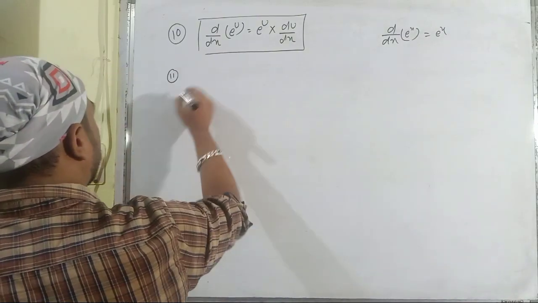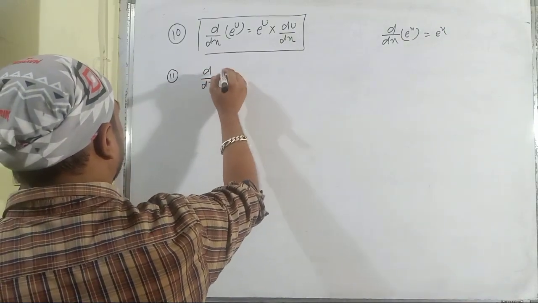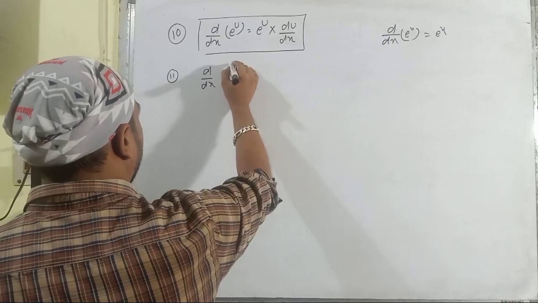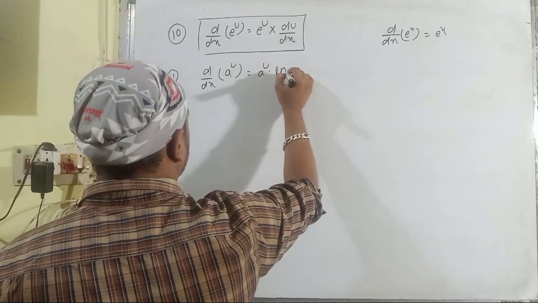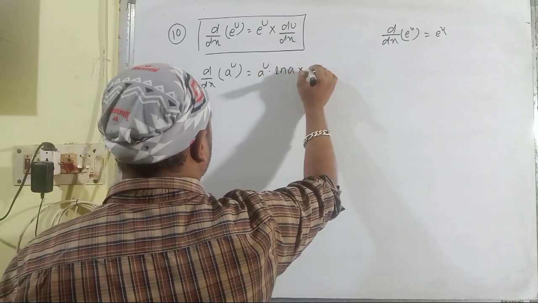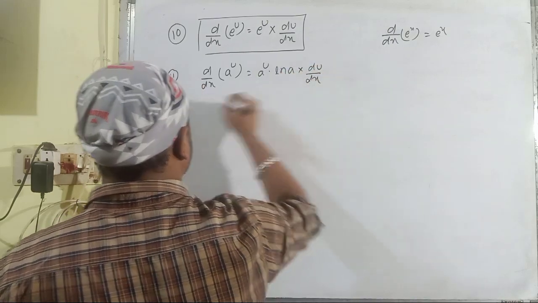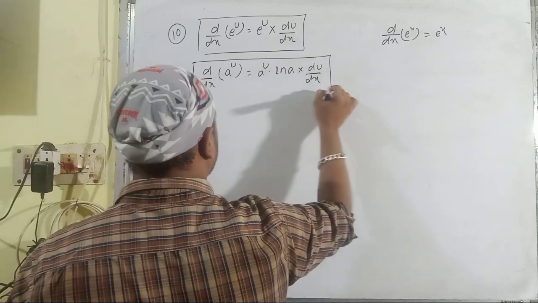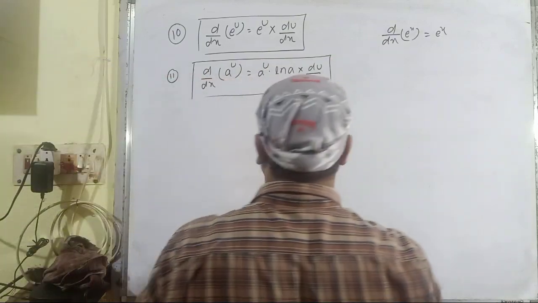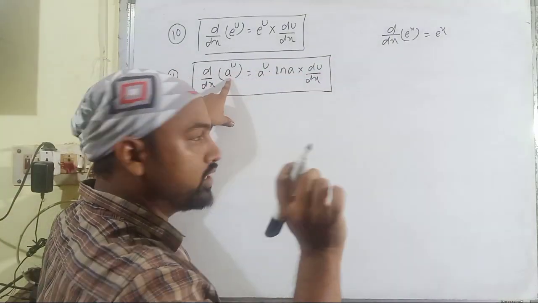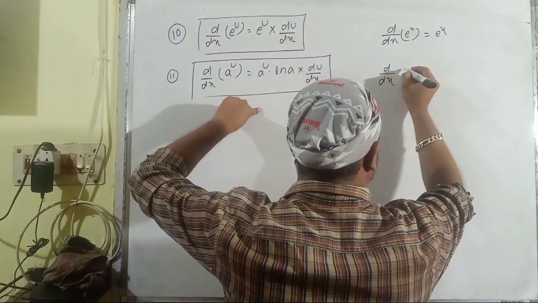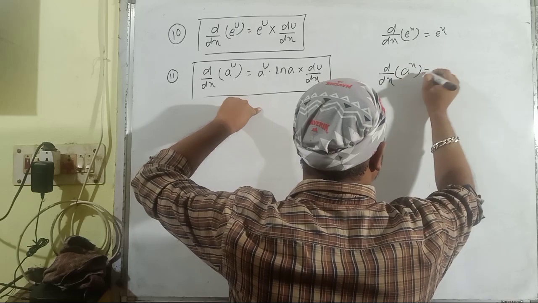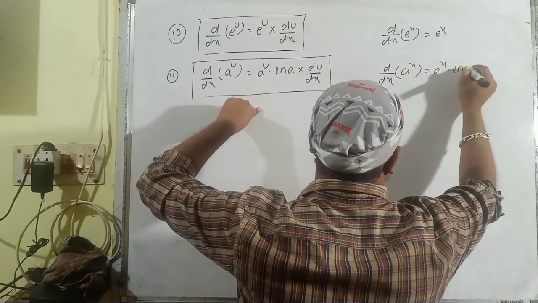Formula number 11: differentiation of a to the power u is a to the power u multiplied with ln a, again multiplied with the differentiation of u with respect to x. Here a is a constant. Differentiation of a to the power x is a to the power x ln a.